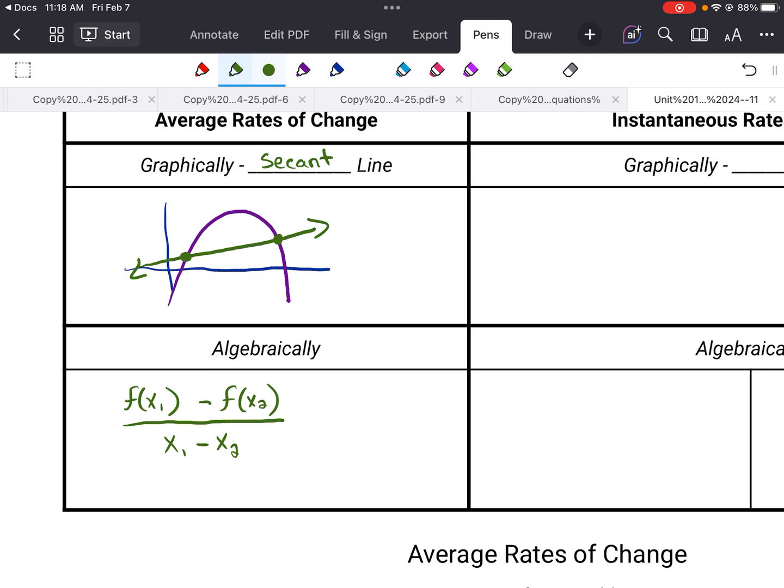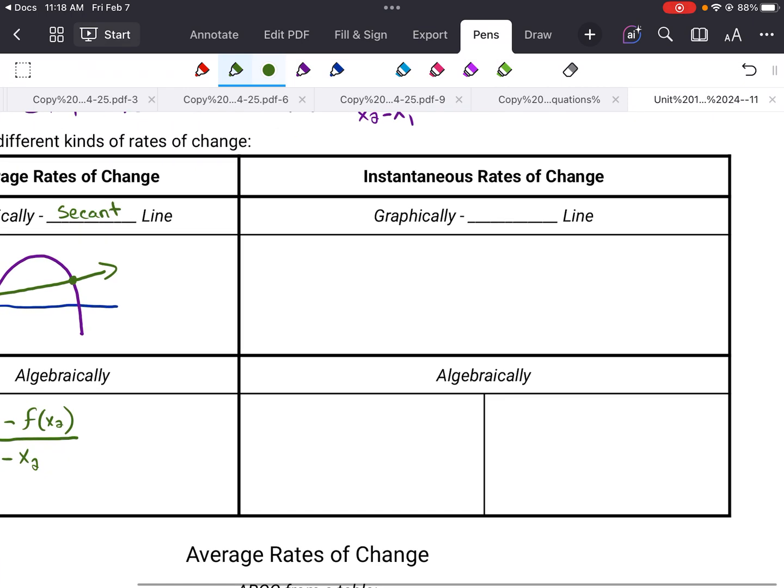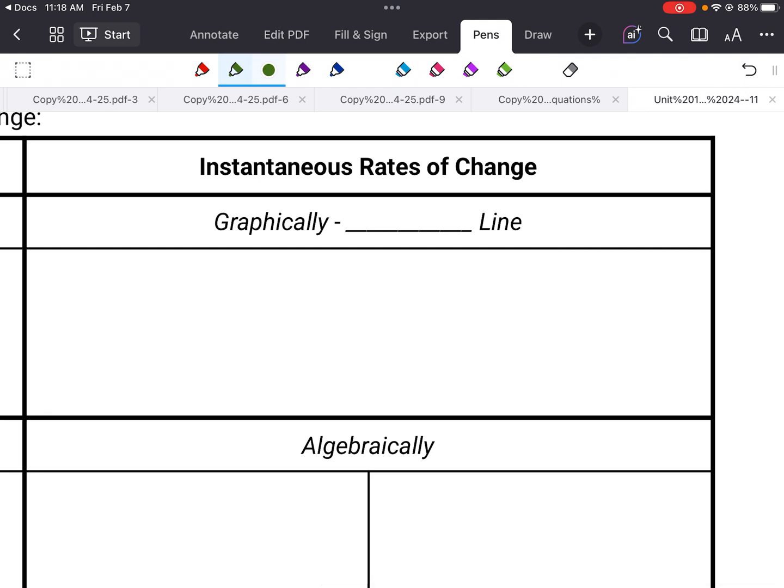It's the slope formula. The difference in y1 subtract y2, divided by x1 subtract x2. Average rate of change may be a little tricky because you haven't done it in a while, but hopefully it comes back to you just as a slope formula. We're just using functions in order to find it, not specific points.